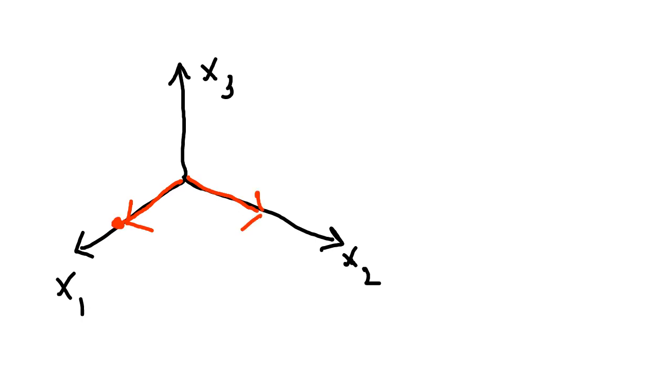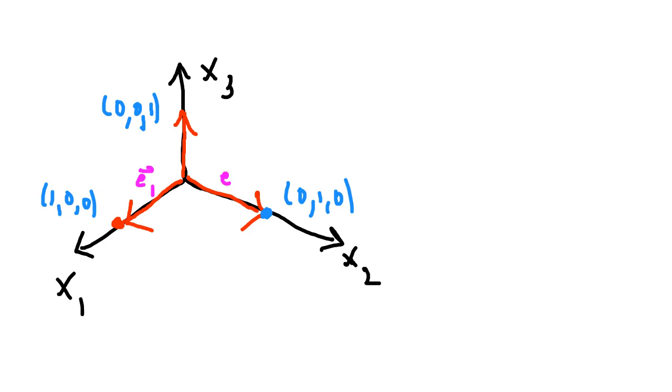The first vector goes out to the point 1, 0, 0. The second vector goes out to the point 0, 1, 0. And the third vector goes out to the point 0, 0, 1. These vectors you commonly know in this class as E1, E2, and E3.